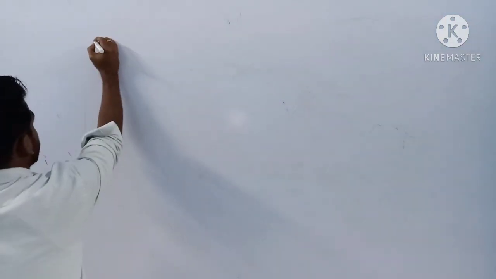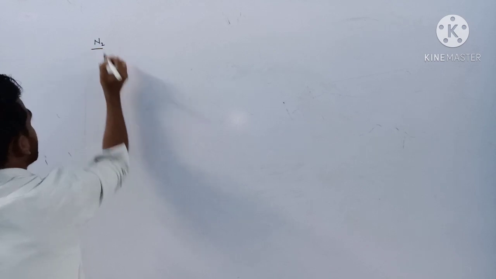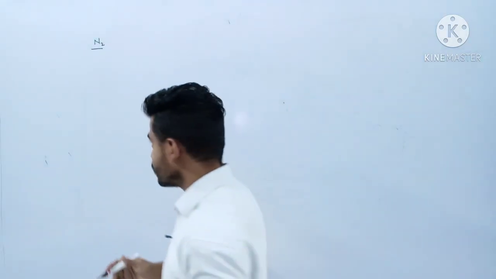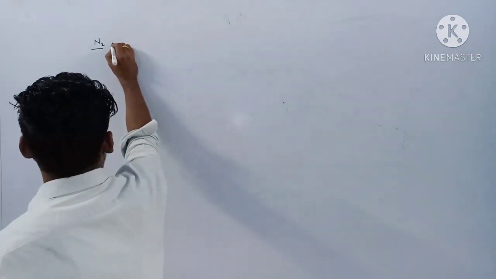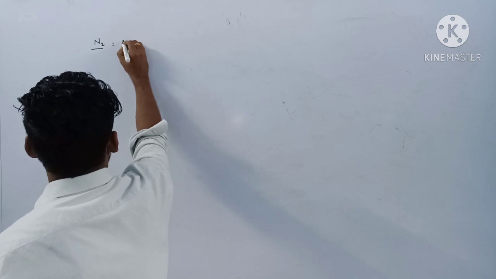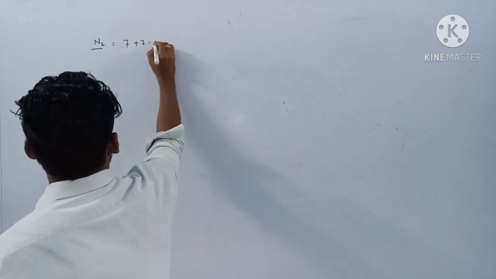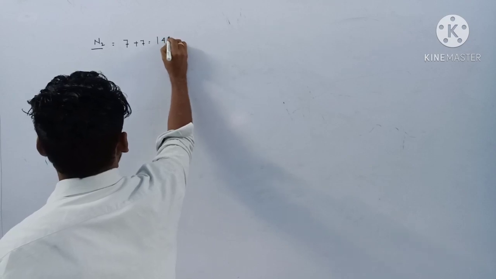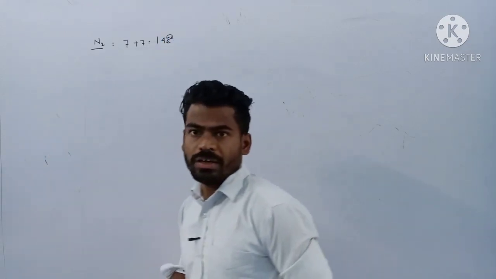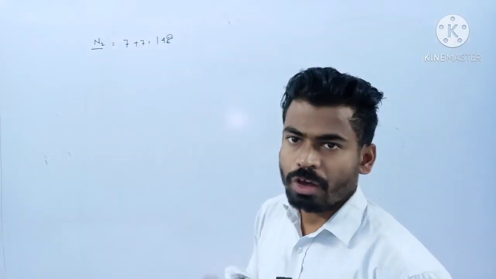Dinitrogen, that is N2. So how many electrons have to be distributed in different molecular orbitals? For two nitrogen atoms, each having 7 electrons, 7 plus 7, that is 14 electrons have to be distributed in different molecular orbitals.